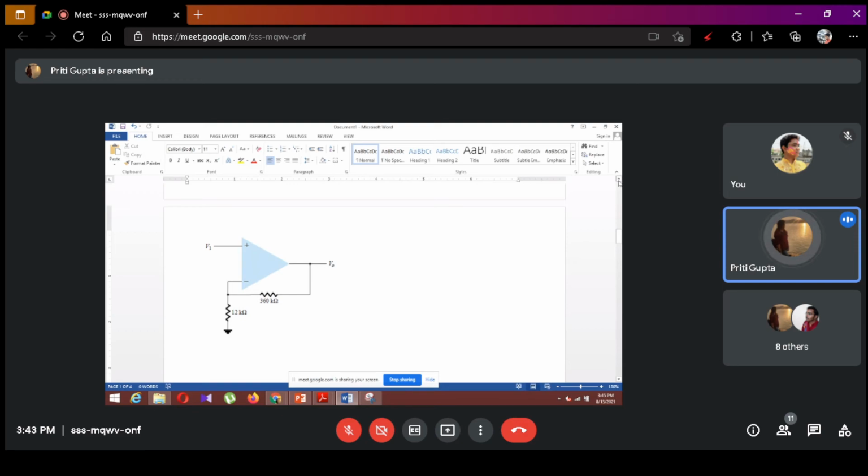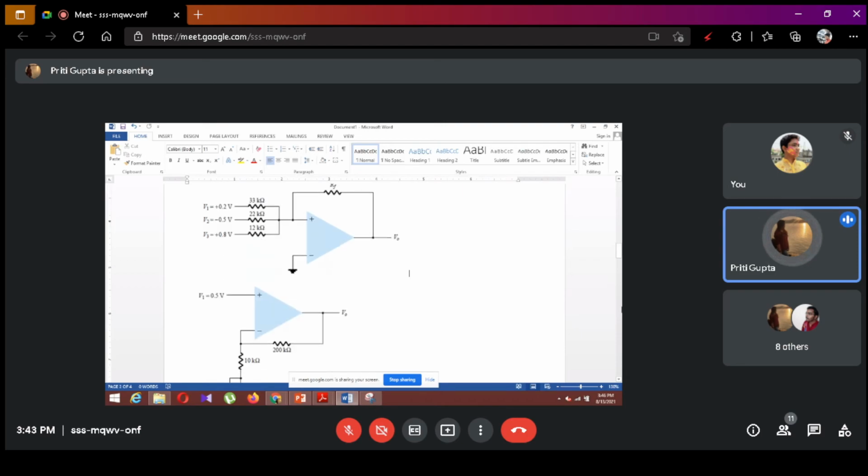So output is given 2.4. কি বলছো বলো? 0.08. 0.08 হবে। Yes, ma'am. Your answer is 0.08, right? Yes, ma'am. Yes. Okay, fine.